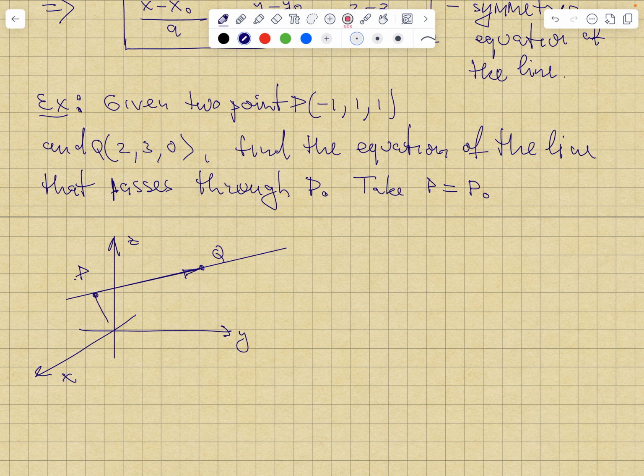Take a position vector, subtract the position vector. So PQ, in this case, is the components of the position vector for Q, (2, 3, 0), minus the coordinates of the point P, (-1, 1, 1). And so this would be (3, 2, -1).